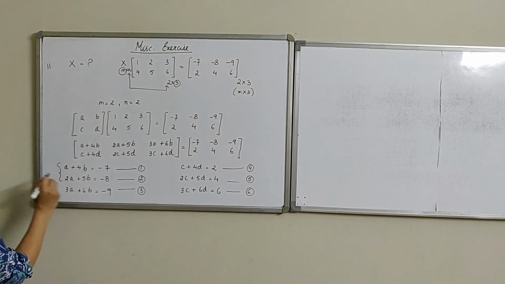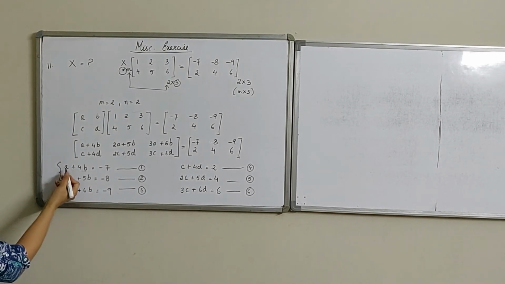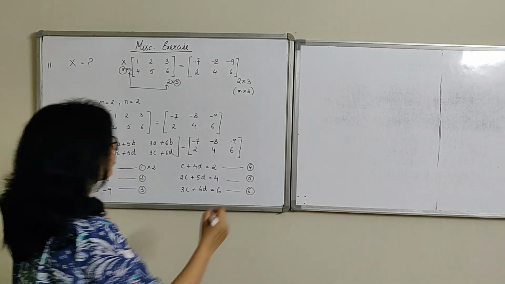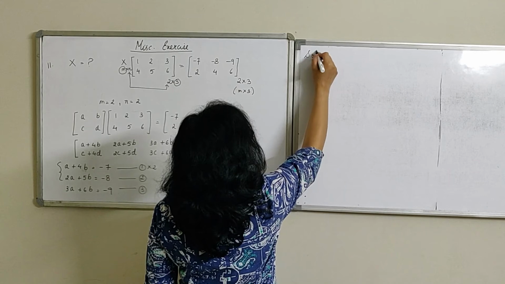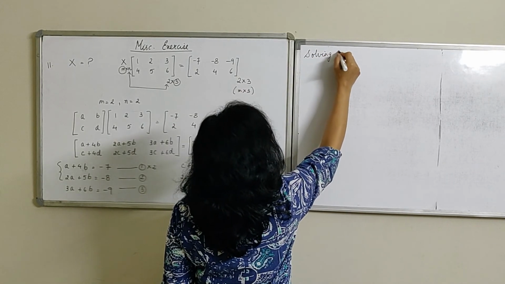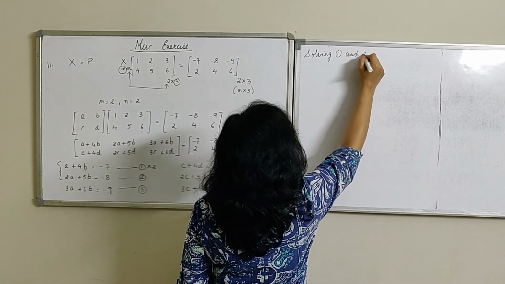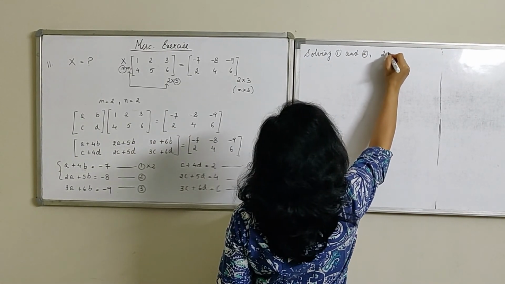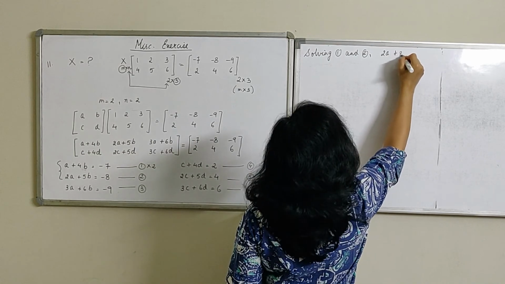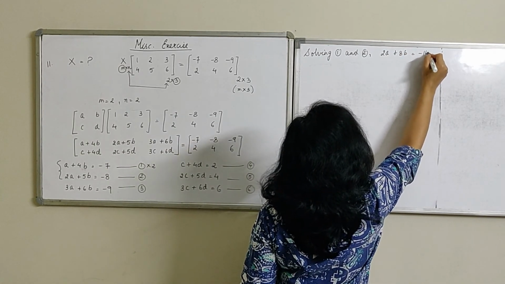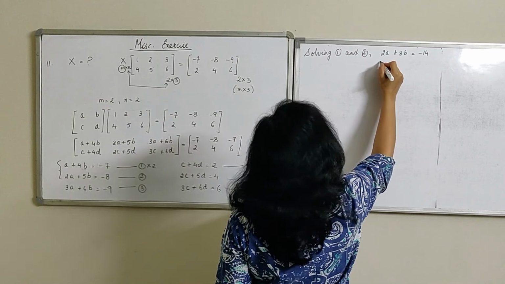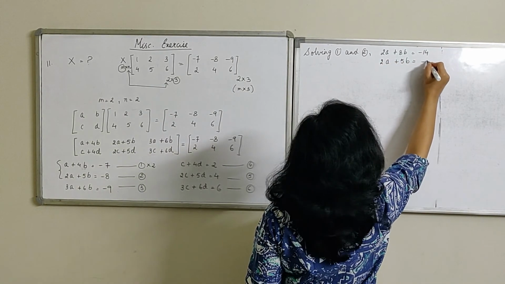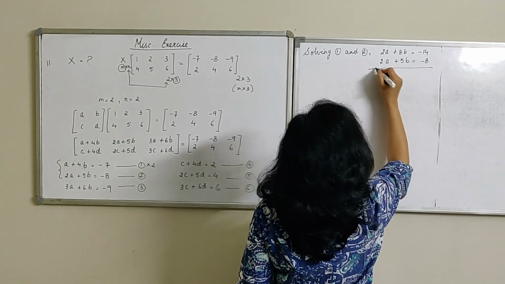So let us solve these equations. Any two equations can be taken. I am taking the first two and multiply equation 1 by 2. So solving first and second equations, multiplying by 2, we get 2A plus 8B is minus 14, and the second equation 2A plus 5B is minus 8.